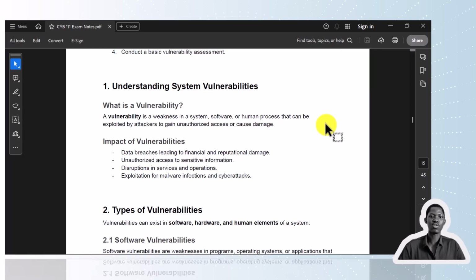Another impact is unauthorized access to sensitive information. If they're able to gain unauthorized access to the system, they can have unauthorized access to sensitive information, maybe check how much some people have in their bank accounts and all of that. So let's look at a world where kidnappers are very sophisticated now, and they are not just kidnapping any random person.